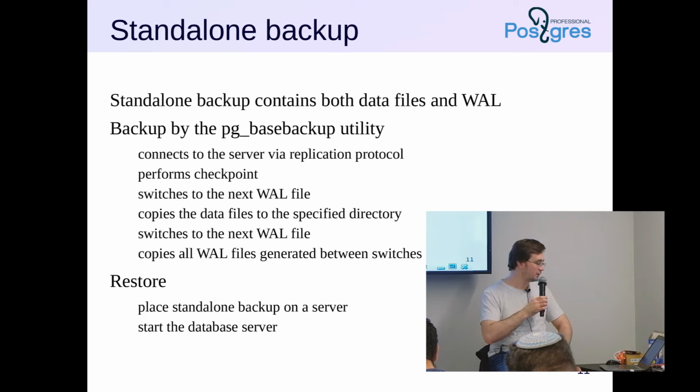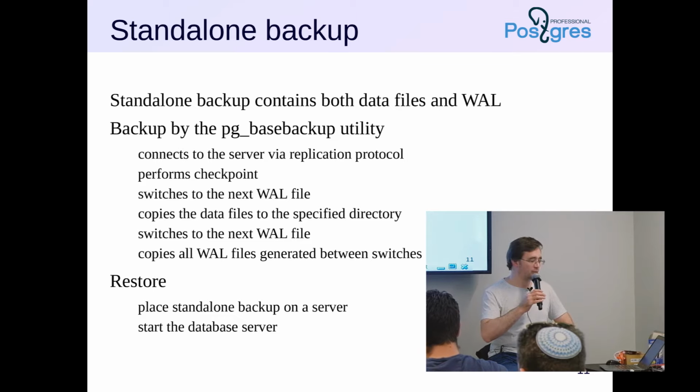The pg_basebackup utility connects to your server using a special protocol which is named the replication protocol. It is used not only for replication but also for backups, so that's why it uses this protocol.